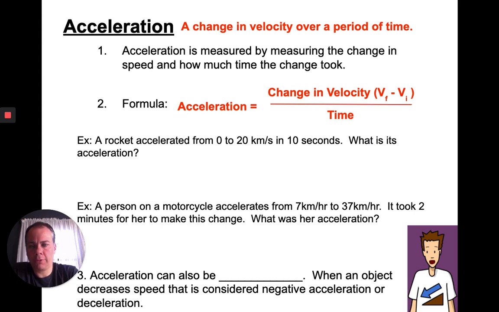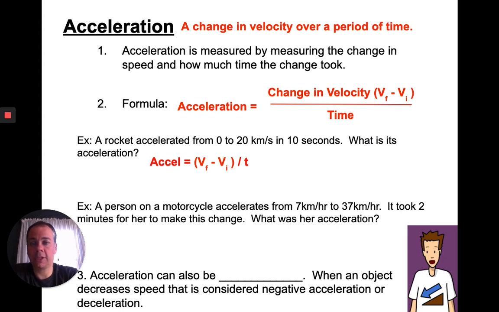So we'll set up our formula. Acceleration equals VF minus VI divided by t. Final velocity minus initial velocity, do that subtraction, and then divide it by the time it took. In this case, it's pretty simple. The final velocity is 20 kilometers per second.